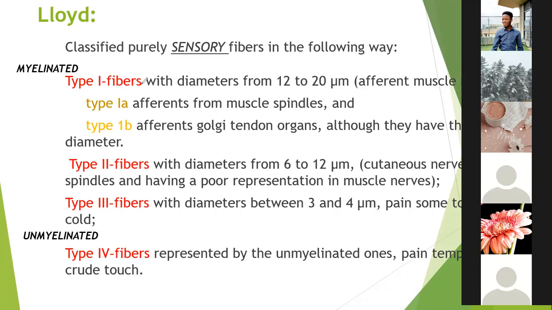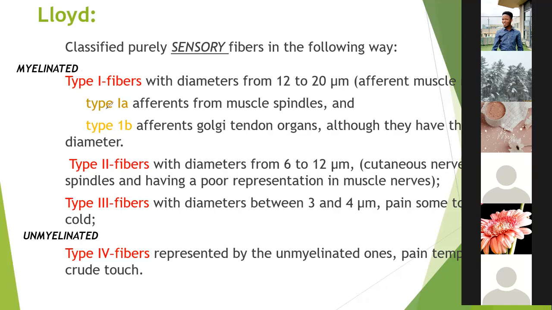So it makes it easier than the other one, because the other one will have the A alpha, A gamma and all that. But this one has type 1A and 1B. Is it coming from the spindle or is it coming from the Golgi tendon organ?